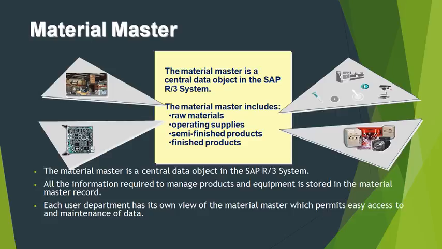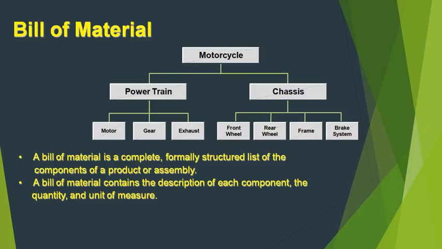As I said, the planning team has MRP 1, 2, 3, 4 views, the quality team has quality views, the sales team has the sales data view, and the purchasing team has the purchasing view. So all the information is stored in this material master data table.